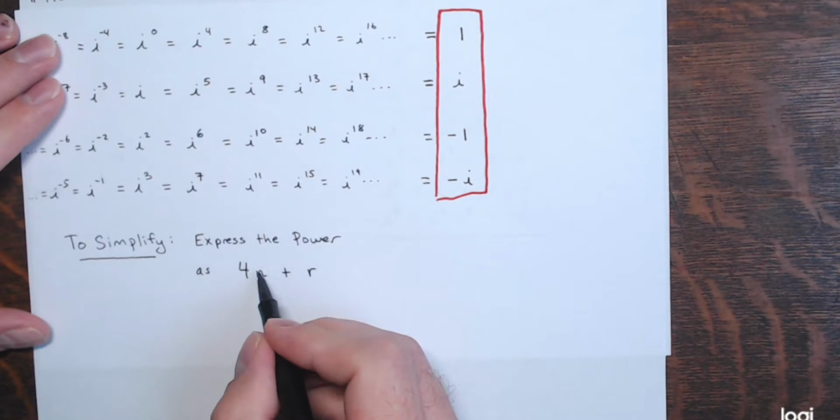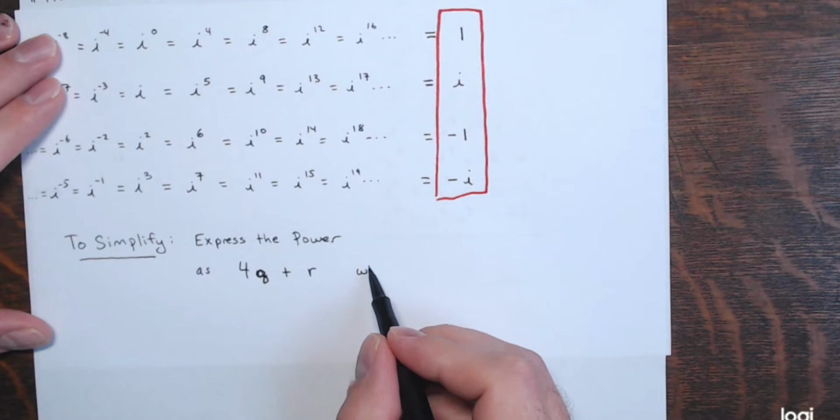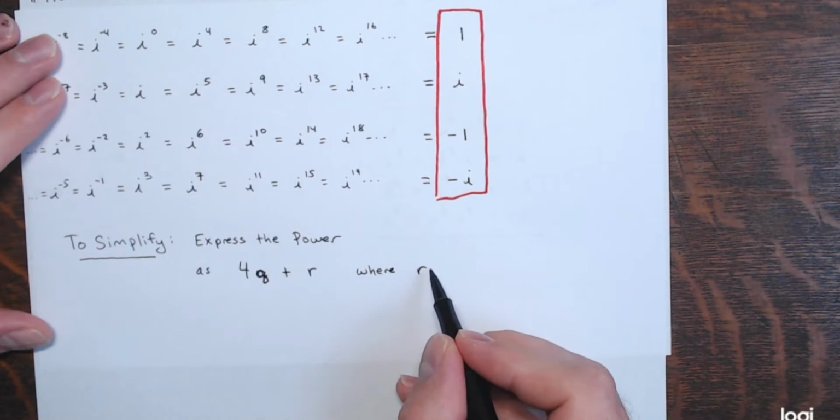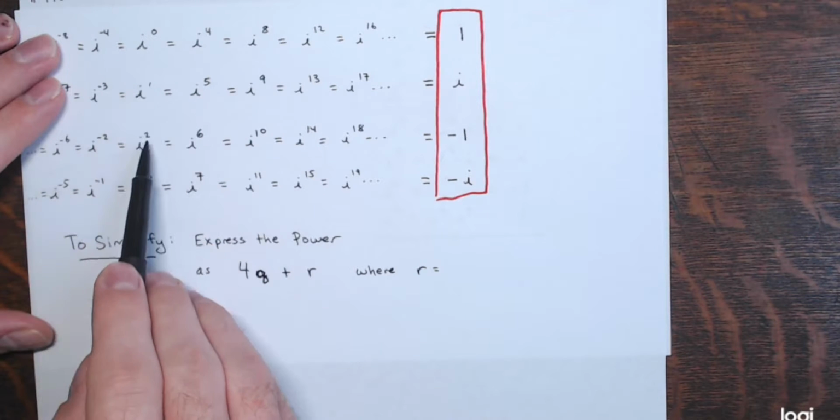Alright, maybe I should put 4q plus r, because q for quotient, r for remainder, when you divide by 4. And I want r where r is equal to either 0, 1, 2, or 3, right?